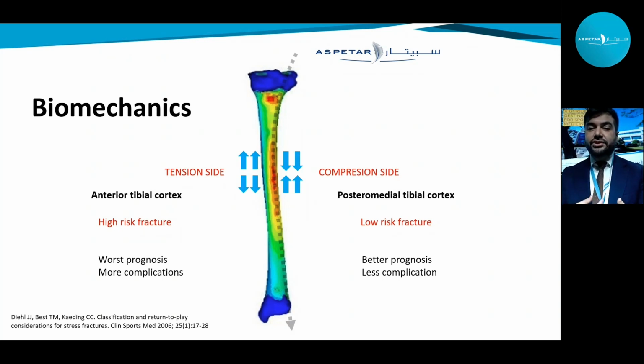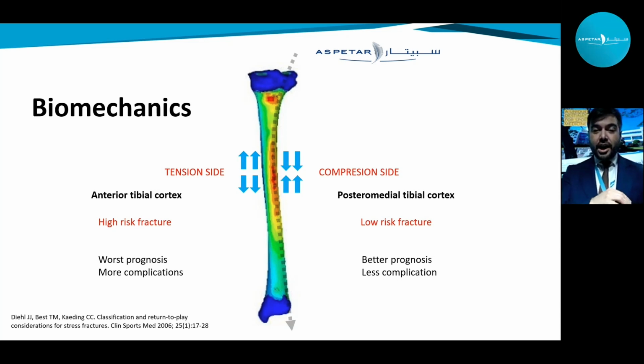Bone stress injuries that arise from the tension side of the bone are considered high risk. They don't have a favorable natural history, they present longer return to play, and they can also lead to a complete fracture.